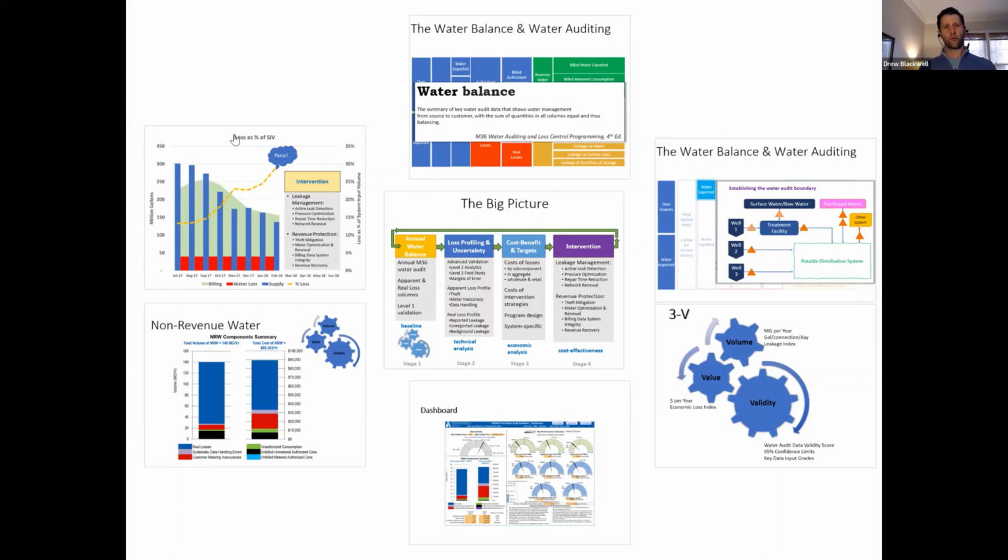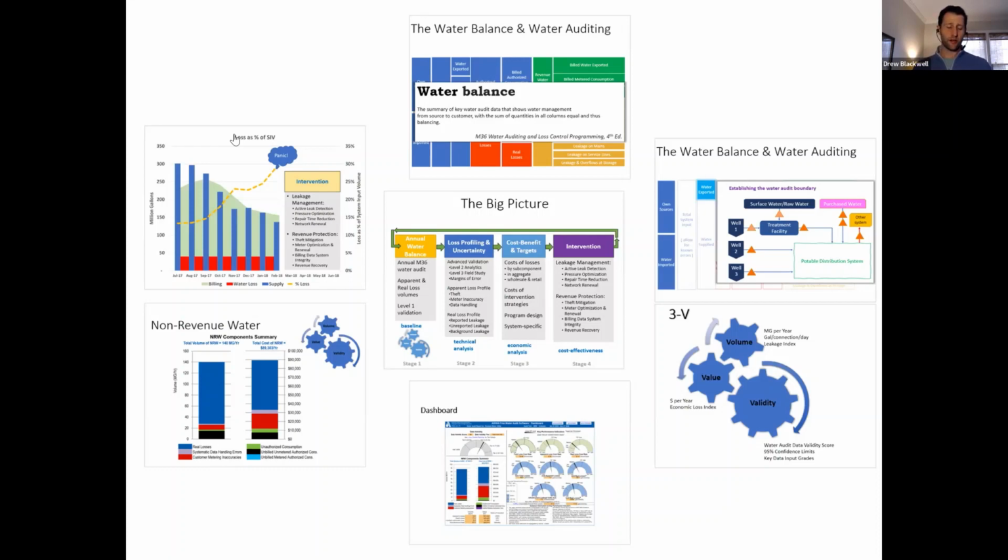But once we start to break those losses down into those different components in the water balance, and look at it in terms of volume, and then also value, how much it's costing us, it gives us a roadmap that we can start to prioritize what our next steps might be.